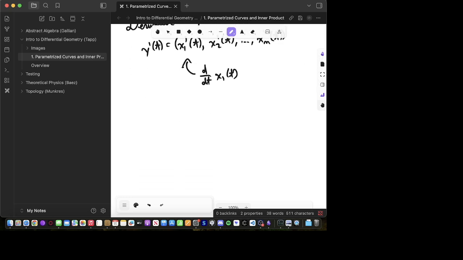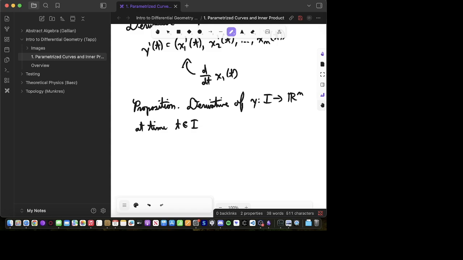So now let's take a look at our first proposition. The derivative of a curve at the time t in I, this epsilon sign basically means an element of.